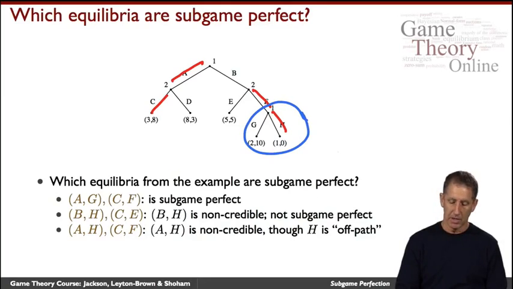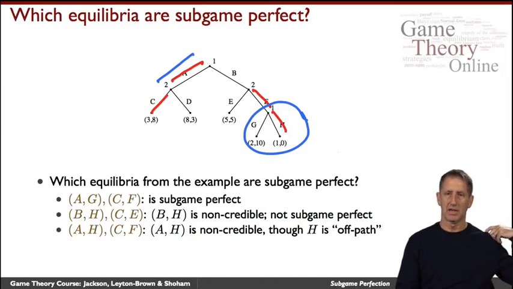So even though it's what's called off path, even though player 1 makes sure that he never gets to visit this node by going down here, even so it's not subgame perfect, because had he gotten here, he would not have done what he claims he would have done. And that gives us a good sense for what a subgame perfect Nash equilibrium is.